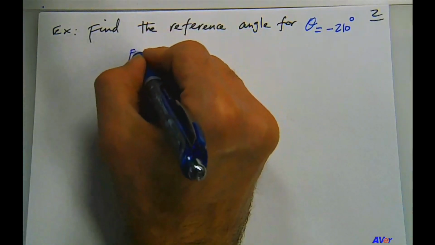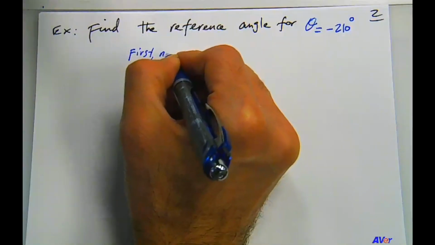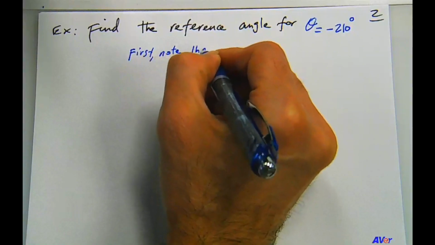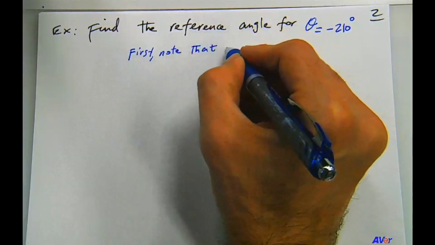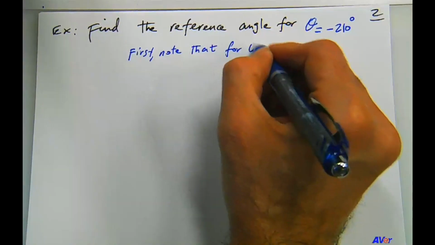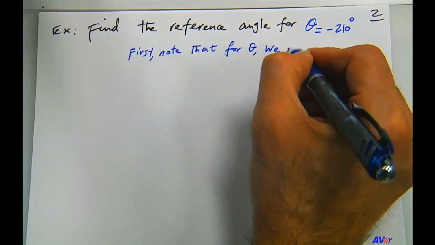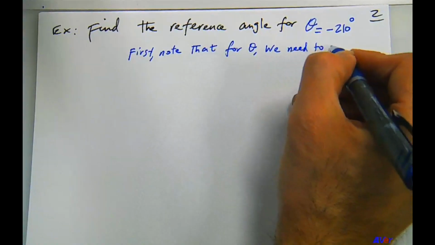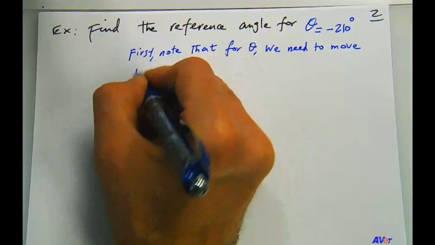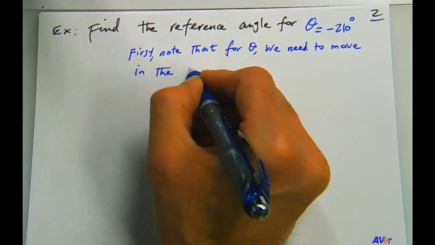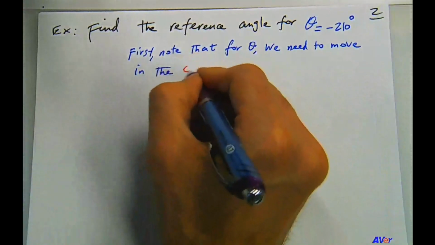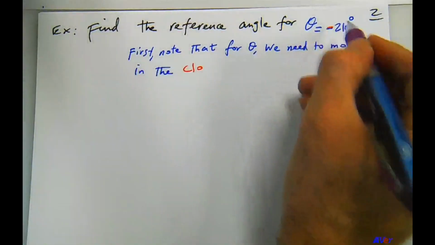So first, note that for theta, we need to move in the clockwise direction, right? Because of this negative.